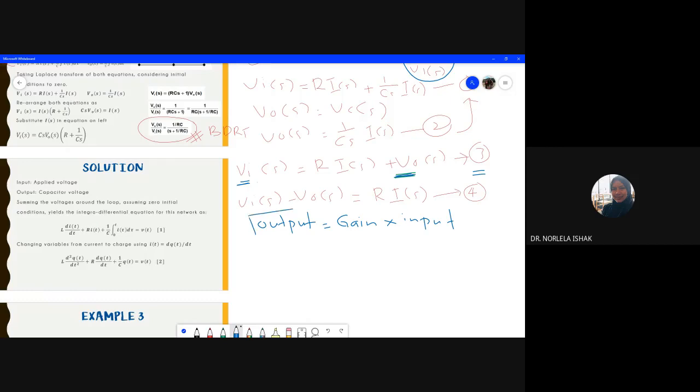This is like a keyword, how to derive your equation before you draw the block diagram. Now, from equation number 4, which one is our input and which one is our output? Class, can you give the answer?